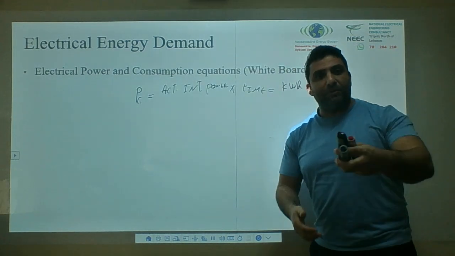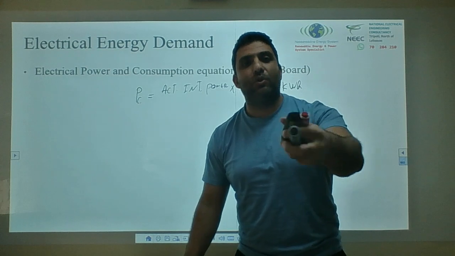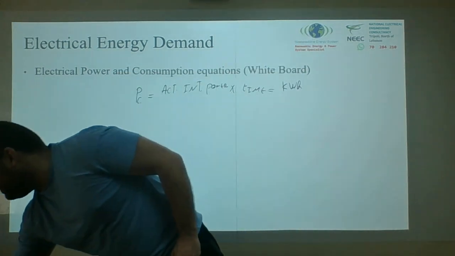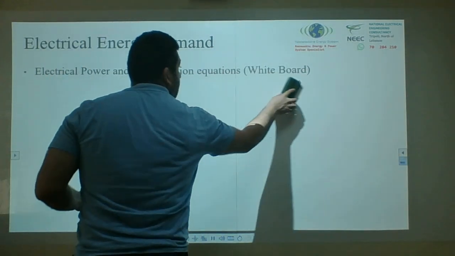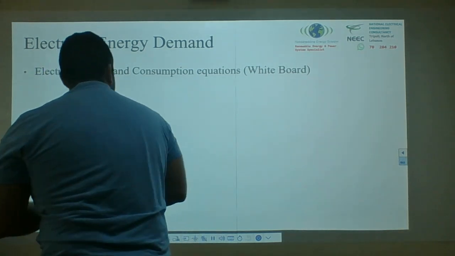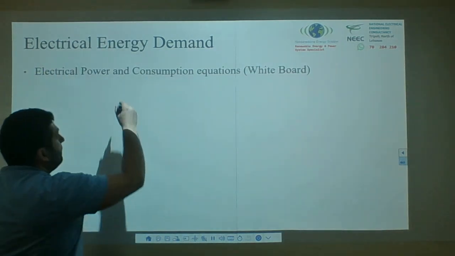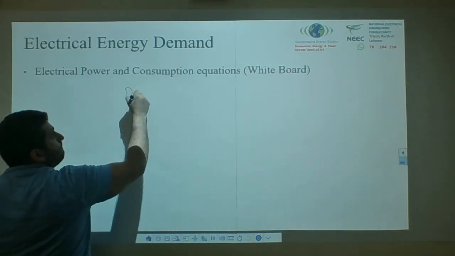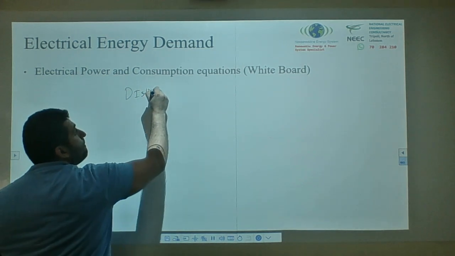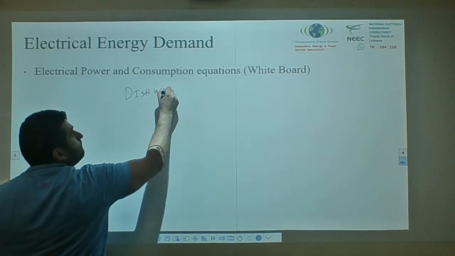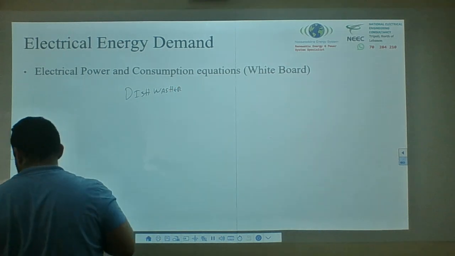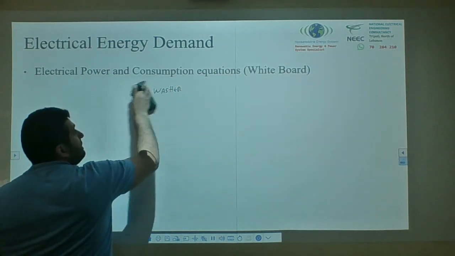Let's say, for example, I have a dishwashing machine. So let's call it DW.